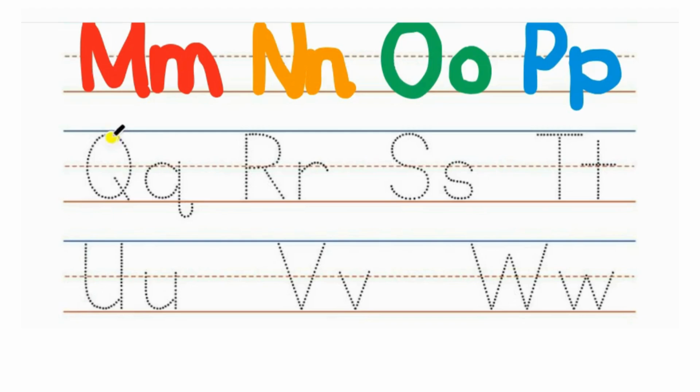Q is our next alphabet. Let's write Q in uppercase first and then in lowercase after that. R comes after Q. Let's write R now.